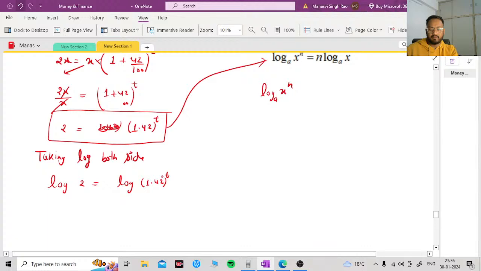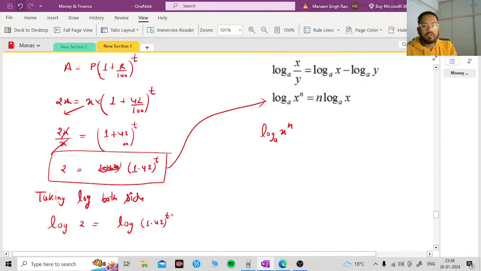I will write like this. Now 1.42 to the power t. So it is basically x. आपको इसको अगर मैं लिखूंगा, so it will be, I will write like this, log a then 1.42 to the power t. So it is similar like this. x की जगह मैंने 1.42 लिख दिया और n की जगह मैंने t लिख दिया. So what will happen, ये जो t है ये t आगे आ जाएगा.